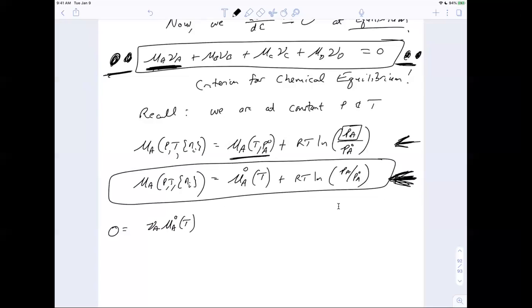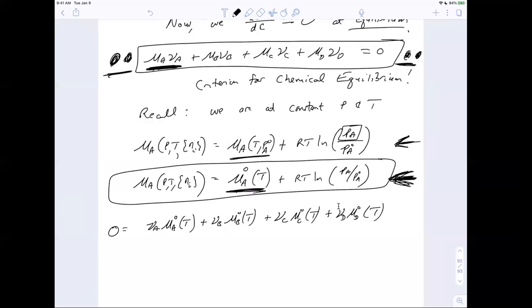And we can write the same thing for B. So we're going to have this plus the same thing for C plus the same thing for D. Okay, so that's what you get, four terms, one for each species, when you multiply this term by the stoichiometric coefficient of each one of those species.